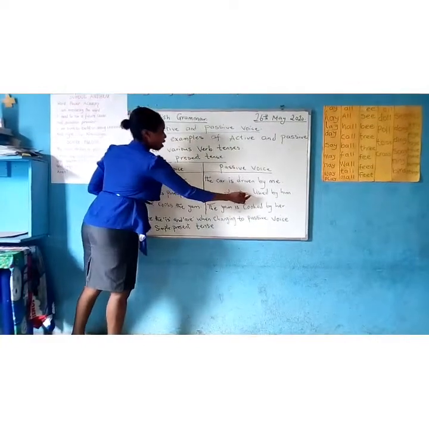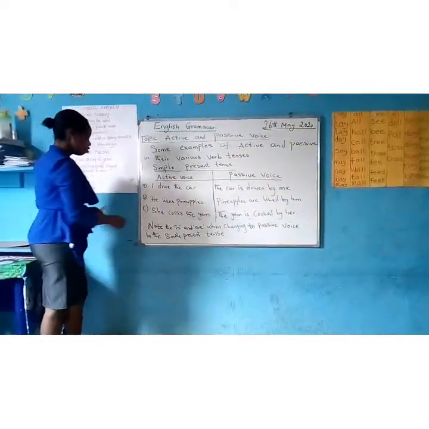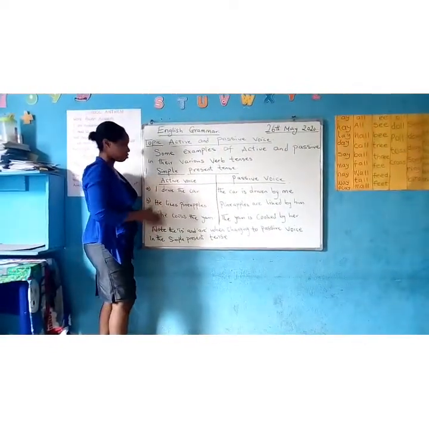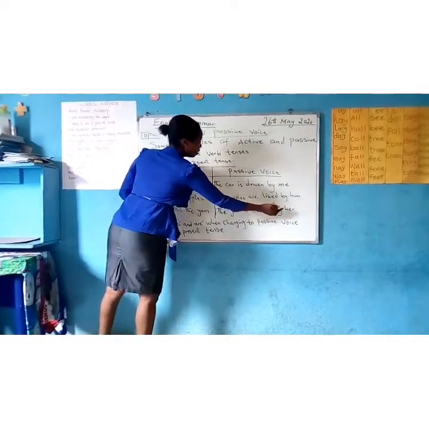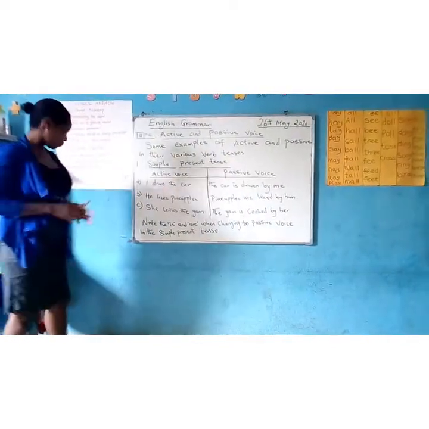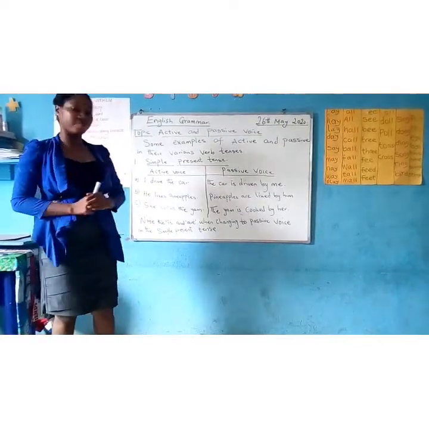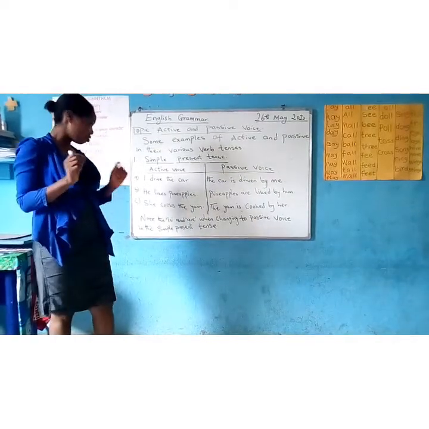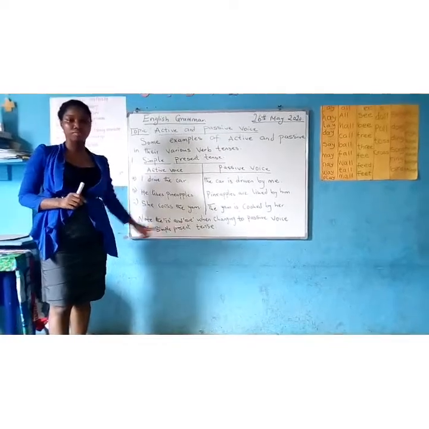Pineapples are liked by him. C. She cooks the yam. That is active voice. Passive voice, the yam is cooked by her. Note the is and are when changing to passive voice in the simple present tense. Note those two things, is and are.